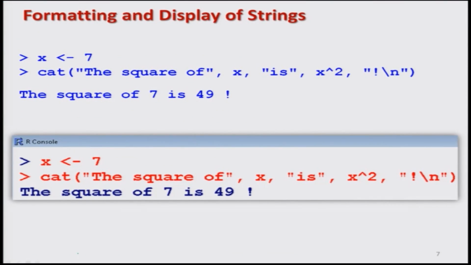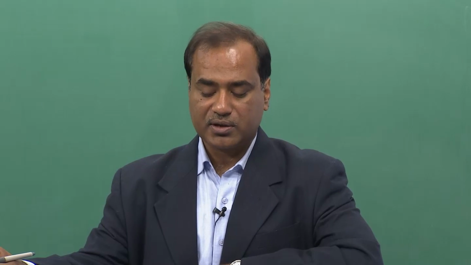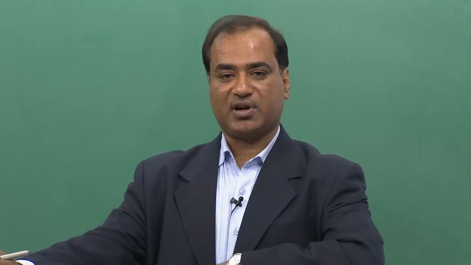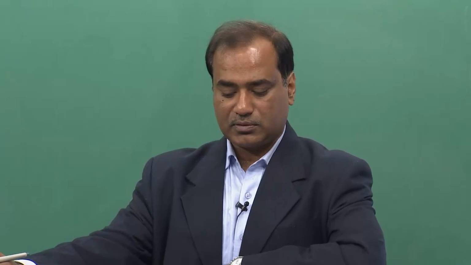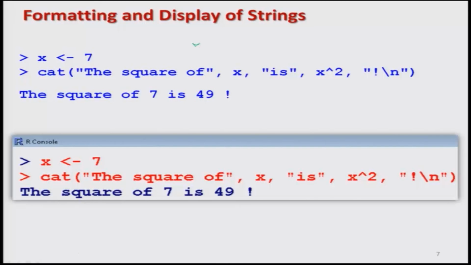Now we try to take another example. Suppose I want to print the square of a number. So, I can write "the square of some number is something", and I want to fill this value.